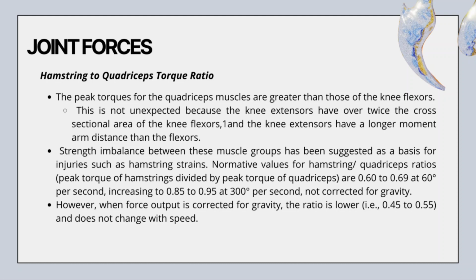However, when force output is corrected for gravity, the ratio is lower, 0.45 to 0.55, and does not change with speed.